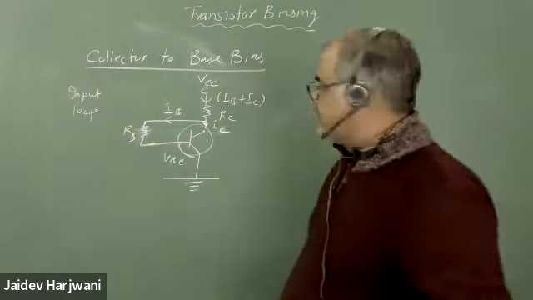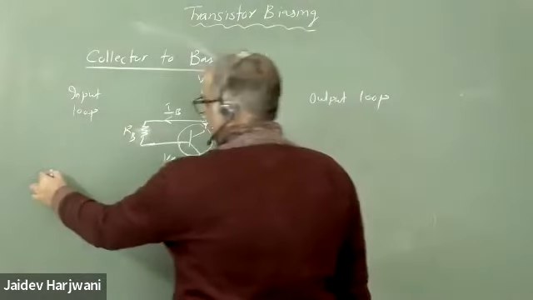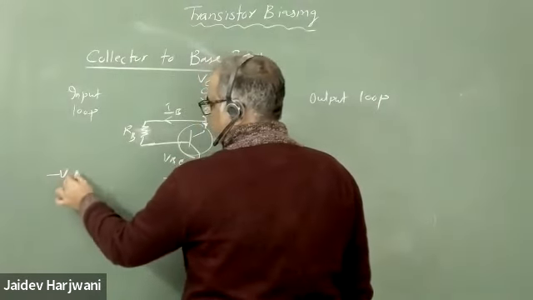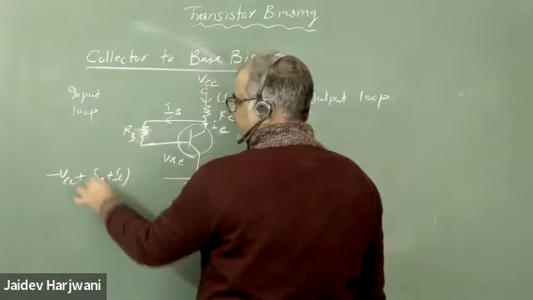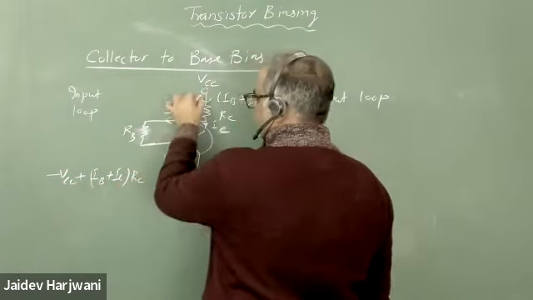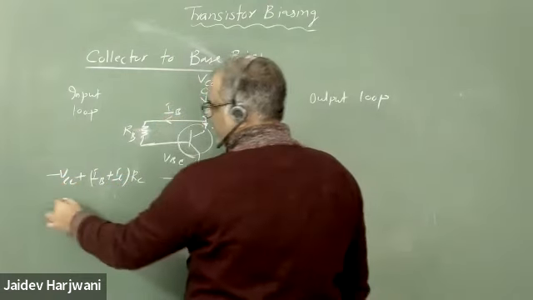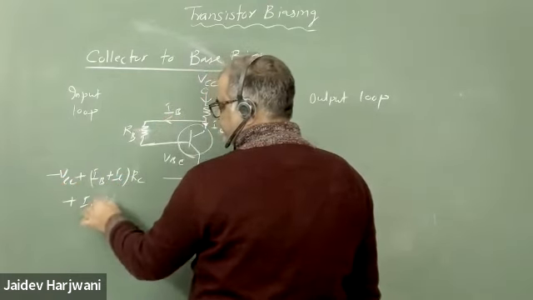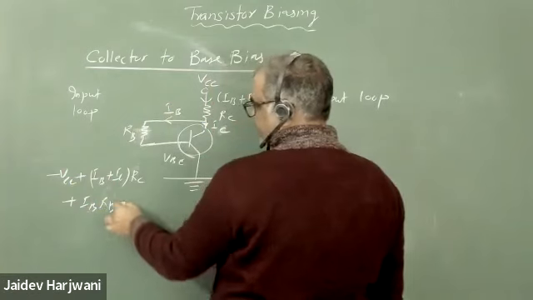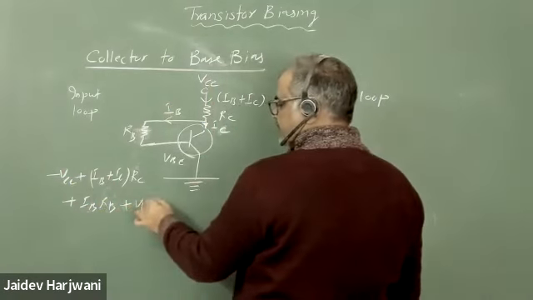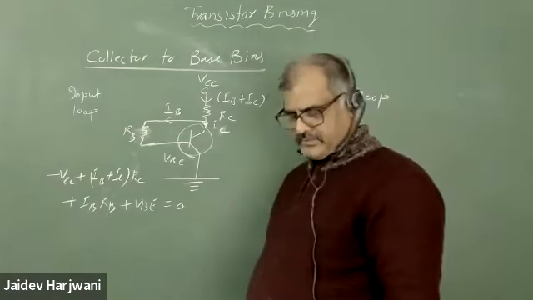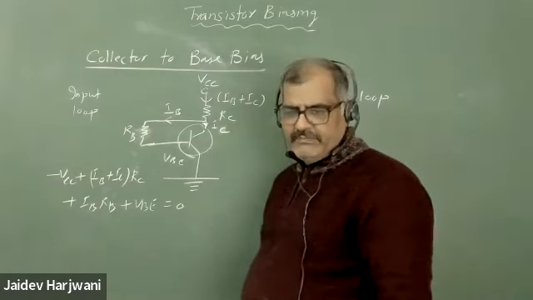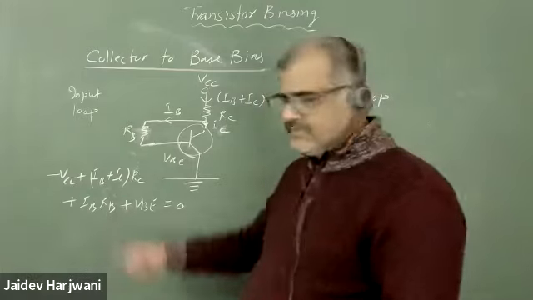So now this time minus VCC plus (IB plus IC) into RC, then I come this way, plus IB RB, plus VB equals 0. So this is the equation now, but I want to calculate only IB from the input circuit, but here IC is coming. So what should I do?